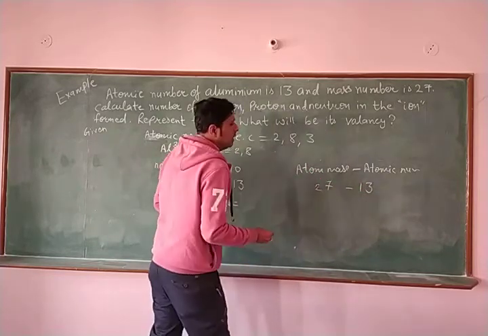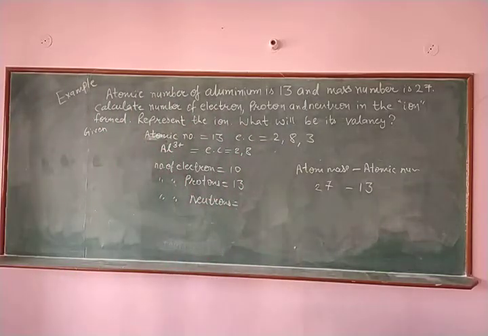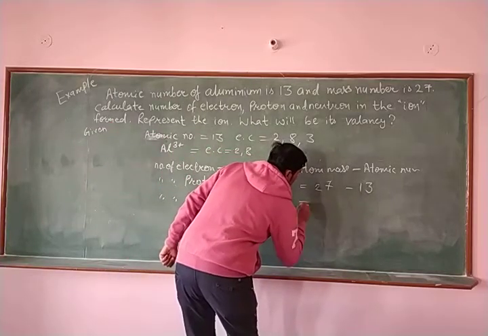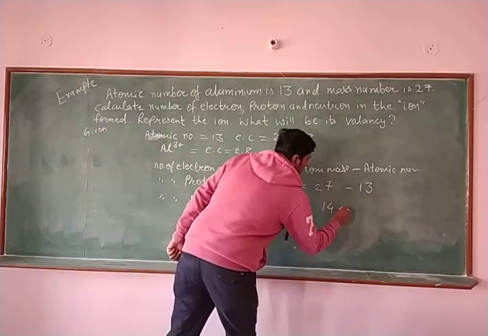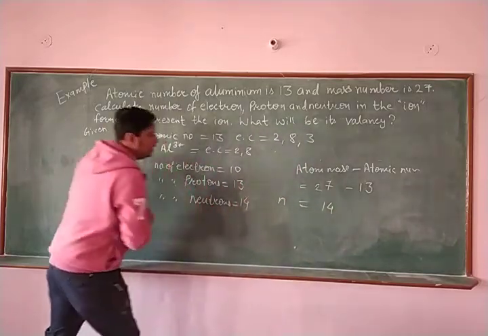So 27 minus 13, what will be the number of neutrons? The number of neutrons will be 14. So n will be 14.